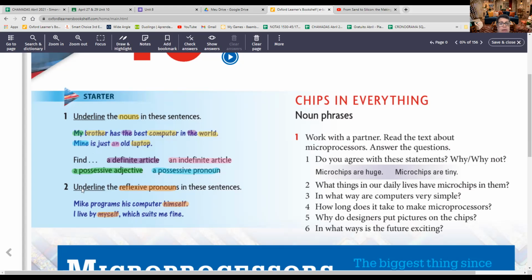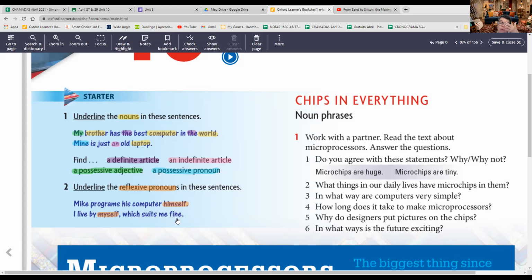All right. Now in number two, we have underline the reflexive pronouns in these sentences. So there are two examples here, himself and myself, okay? We call them reflexive pronouns. So let's see the sentences. Mike programs his computer himself. So he does it all by himself. He doesn't need the help of a technician.